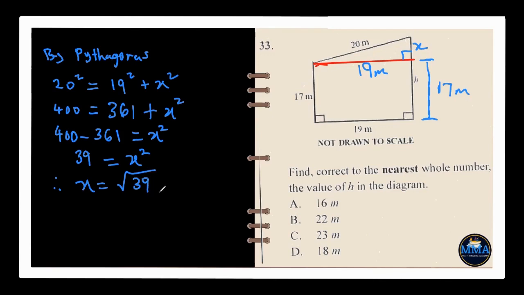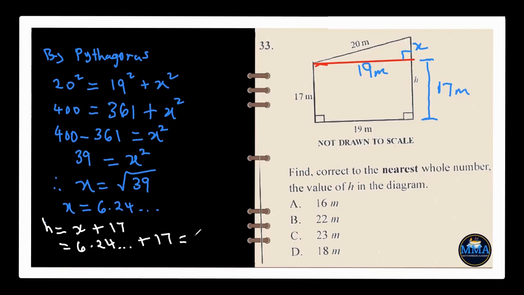And the square root of 39 is 6.24 dot dot dot. Now, for us to get h, this h that we are looking for is actually x plus 17. That's going to give us 6.24 dot dot dot plus 17.